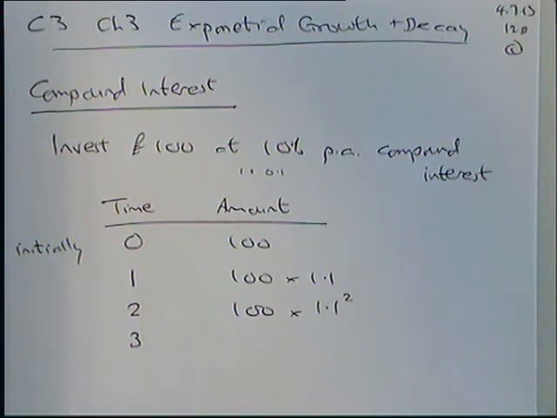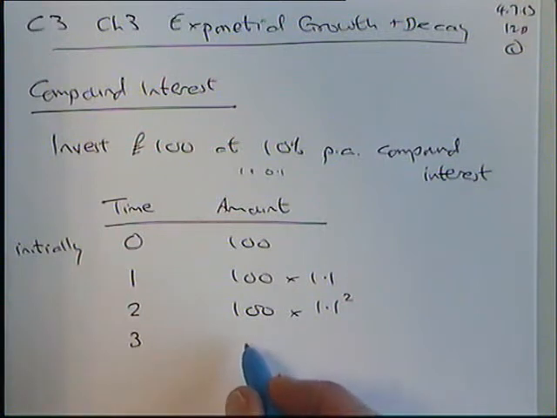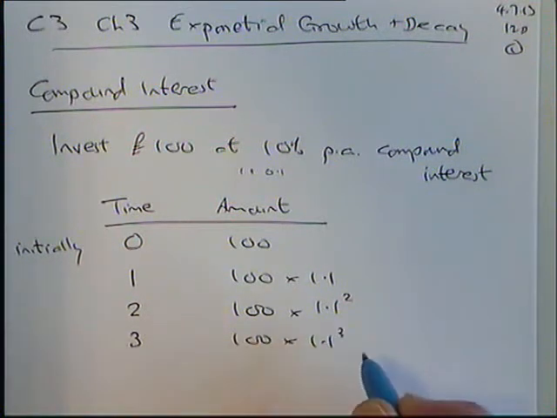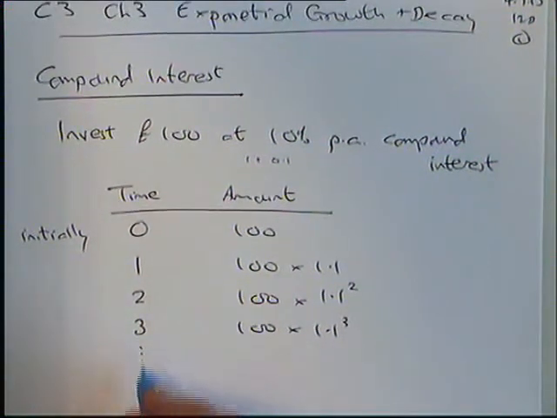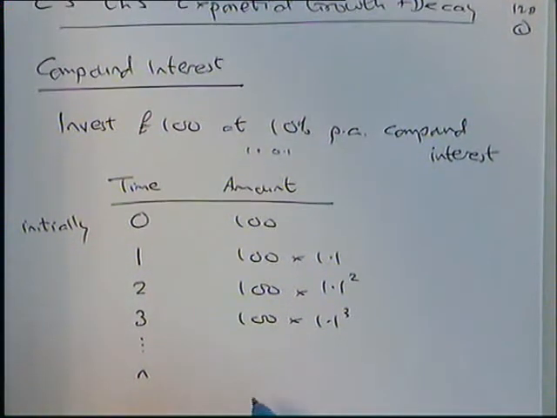So for time period 3, Eve, how much money will I have after 3 time periods? 100 times 1.1 cubed. Yep, that's right. And in general, after n years or n time periods, Leon, how much money will I have after n periods of time? 100 times 1.1 to the power of n.